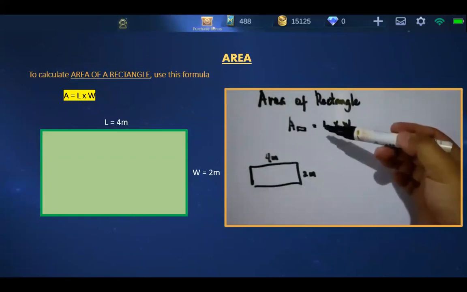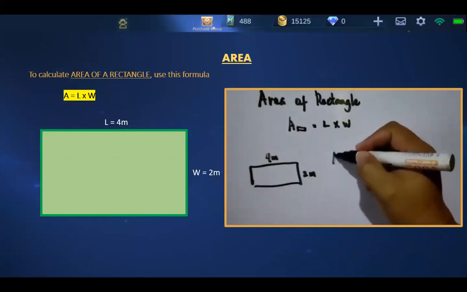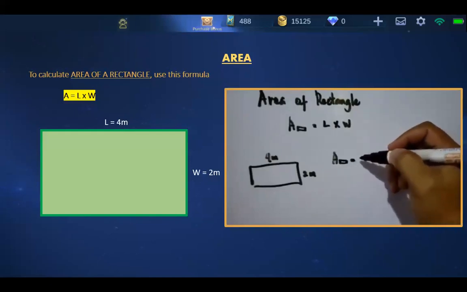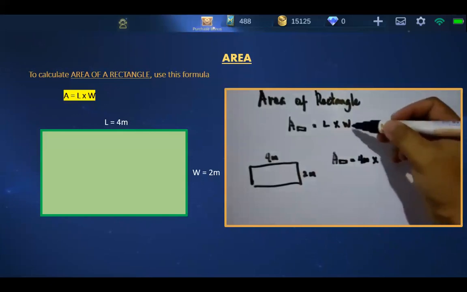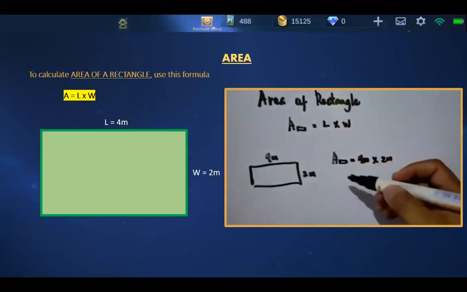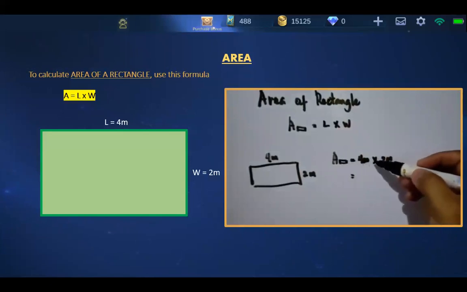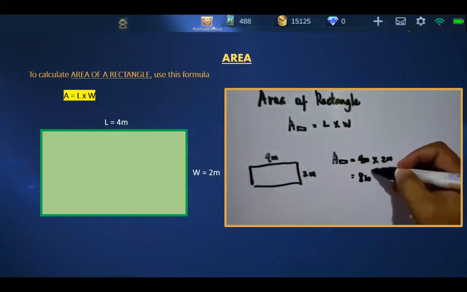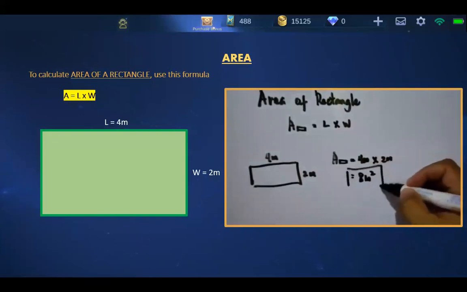So just follow the formula. Area of a rectangle is equal to length, which is 4 meters, times width, which is 2 meters. So our area of the rectangle is 4 times 2, that is 8 meter square. So this is our answer.